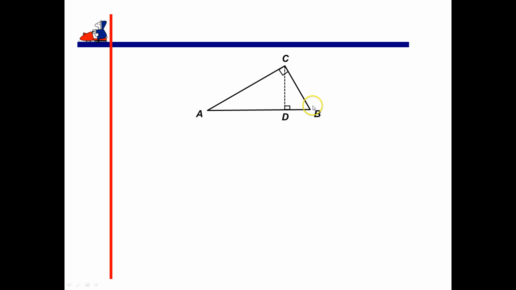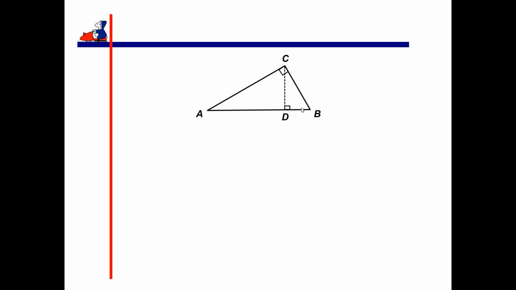Take a look at angle B over here. Angle B over here is shared with the smallest of the three triangles, CDB, and the largest of the triangles, ABC. And it just so happens, since it's shared and not the 90 degrees, we now have our two angles that we need to prove similarity.